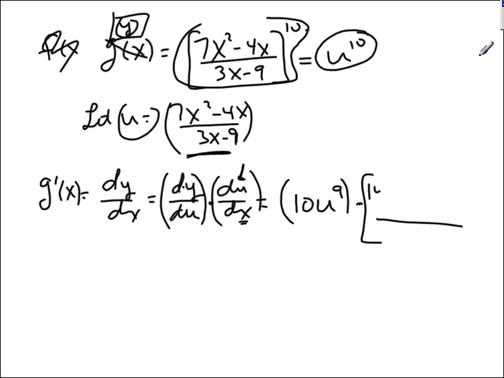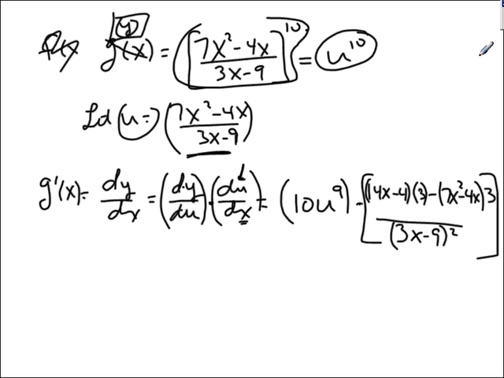It's the derivative of the top, 14x minus 4, times the bottom, 3x minus 9, minus the top, 7x squared minus 4x, times the derivative of the bottom, which is simply 3. And all of this gets divided by the bottom squared. And there's your derivative.